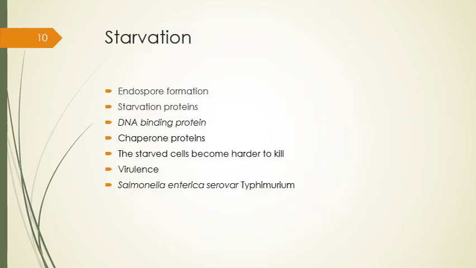As we have seen, bacteria in a batch culture may enter stationary phase in response to starvation. This may occur in nature because many environments have low nutrients. Prokaryotes have evolved a number of strategies to survive starvation.